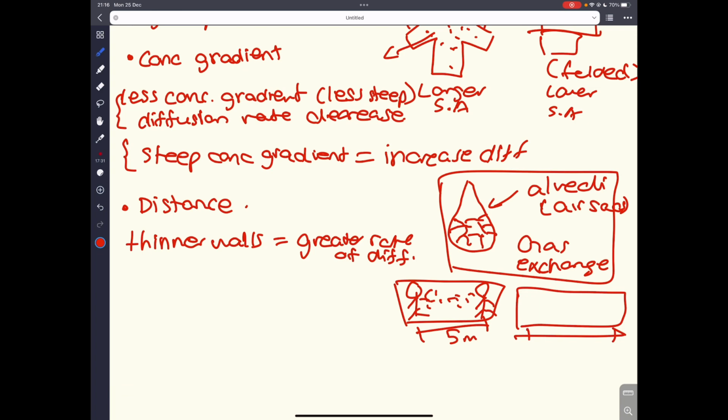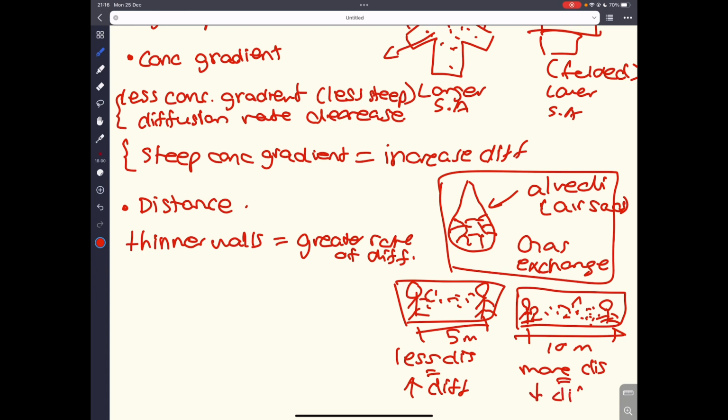Now, on the other hand, if you and your friend are in a 10-meter room, in which the distance is 10 meters, and when you spray the perfume, it will take a longer time for the perfume particles to reach your friend's nose. So we say that the greater the distance, the less diffusion, and the less distance, higher diffusion; more distance, less diffusion. Less diffusion as in the rate of diffusion.